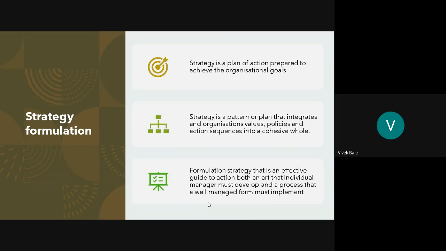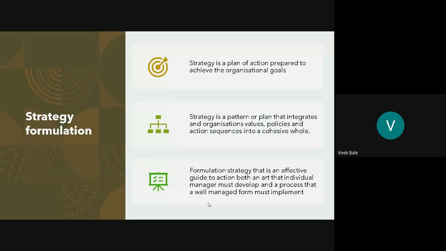Second thing, if there is any change in the environment, whether internal or external, you change your planning according to the changes which have occurred. Strategy is also a pattern or a plan that will integrate the organization's values, policies, and action sequences into a cohesive whole.